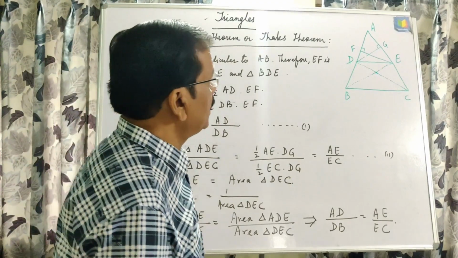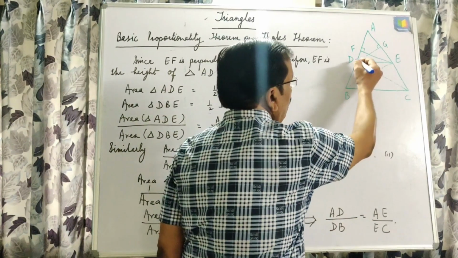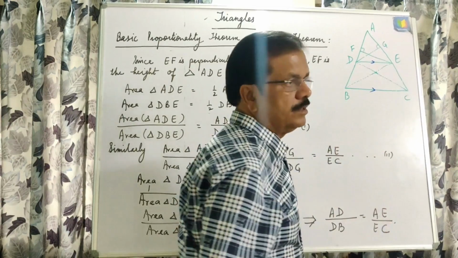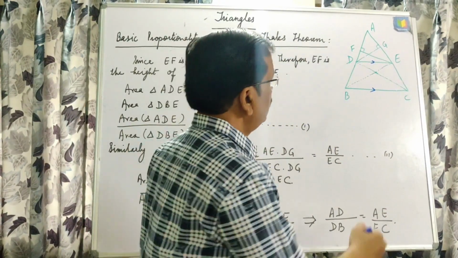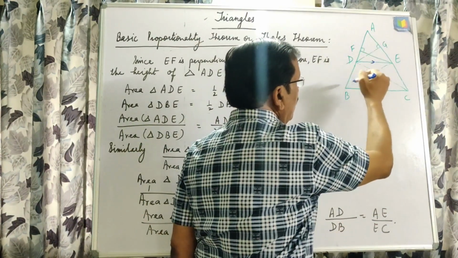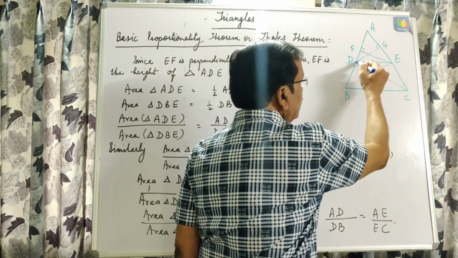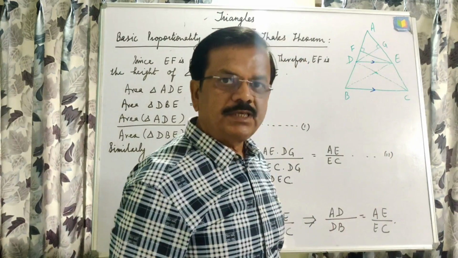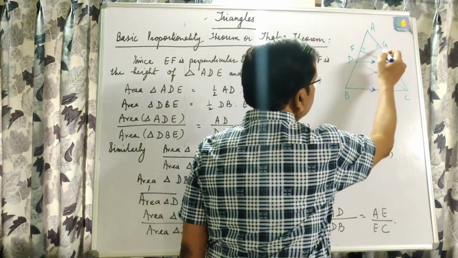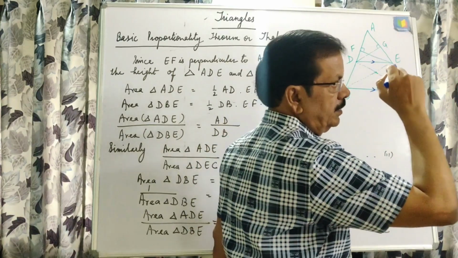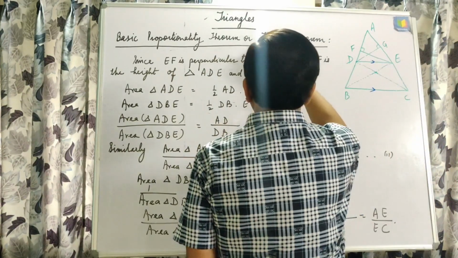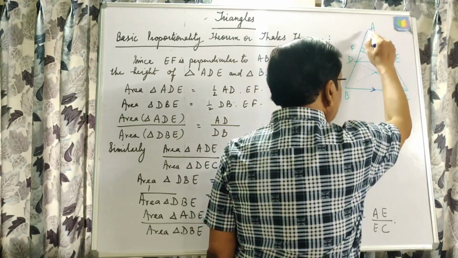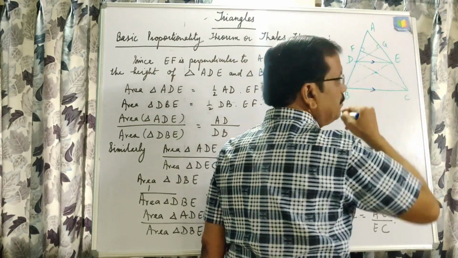Now if in a triangle we draw a line which is parallel to any side, here you can see AB and BC, we draw a line from D in such a way that it is parallel to BC, and this intersects the third side. Then according to the basic proportionality theorem, or Thales theorem, this line will divide the sides in the same ratio.